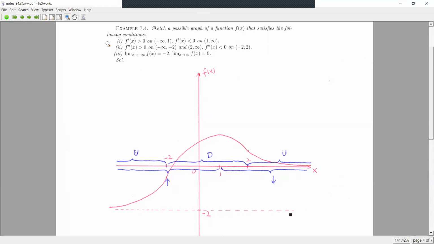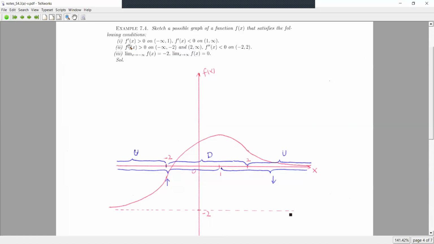Okay, now let's go through the conditions one by one and mark down the information on the XY plane. First condition, derivative of the function greater than 0 on this interval from -infinity to 1.